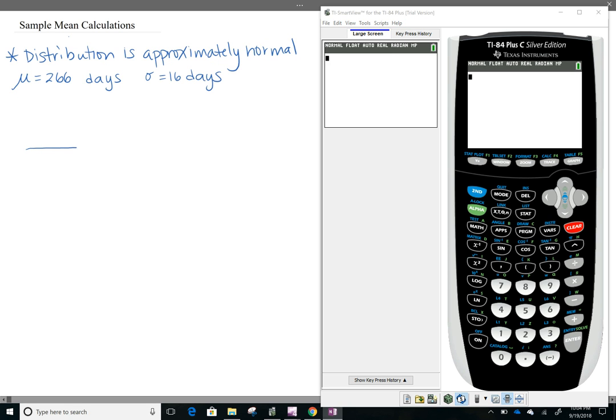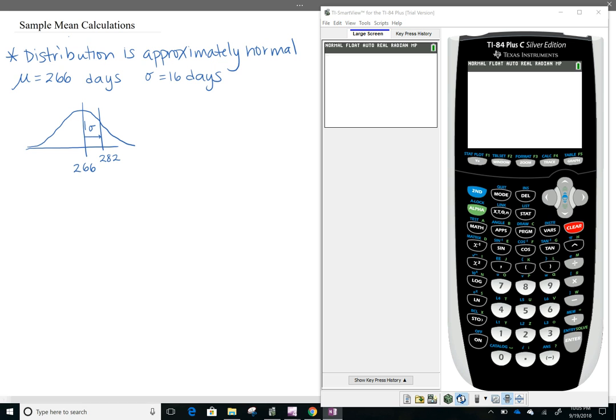If I was to draw a picture of this for my population, my average falls at 266, and then one standard deviation over would be 266 plus 16, which is 282. I could calculate one standard deviation back and go back and forth so that I could perform normal calculations using the empirical rule, or this gives me a visualization so I can perform normal calculations.